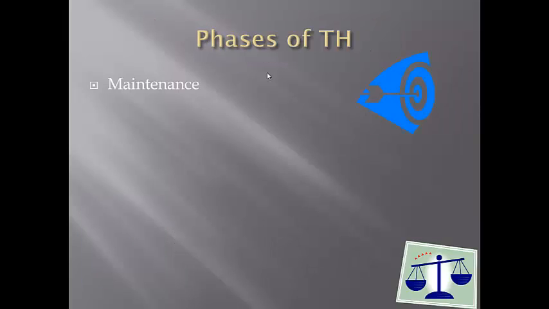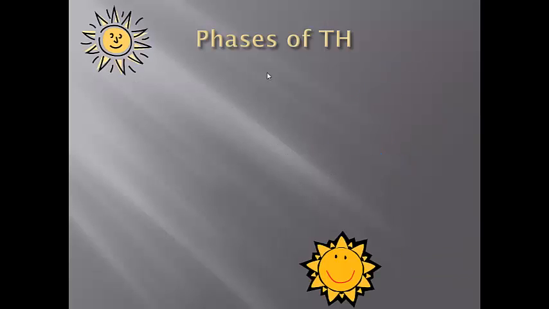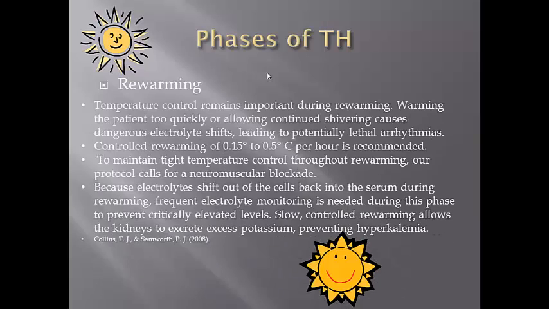The second phase is the maintenance phase. During the maintenance phase, controlling the patient's temperature within the target range is crucial. This phase can last up to 24 hours from the time the target temperature is reached, depending on facility protocols. The third phase is the rewarming phase.